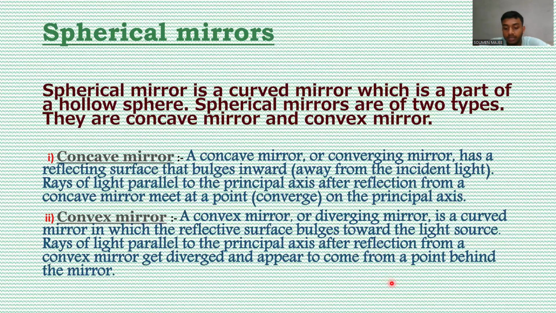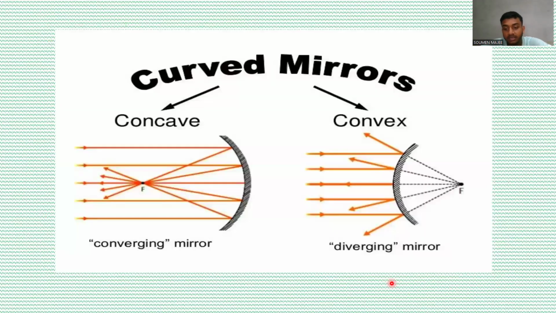Now this is easily understood from this picture. The first one is concave, the second one is convex. I told you that for the concave mirror, the rays after reflection meet at a point.